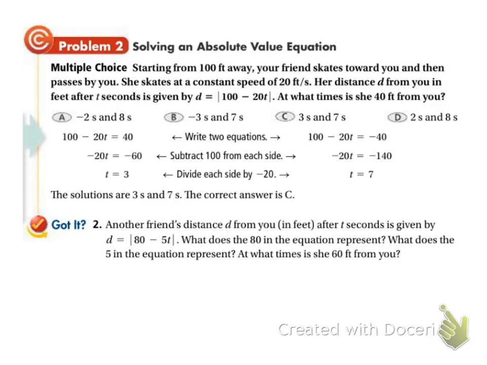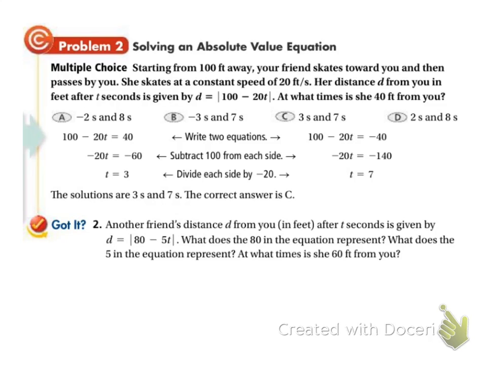Okay, so our got it problem is similar. It says another friend's distance d from you in feet after t seconds is given by this equation. D is equal to the absolute value of 80 minus 5t. So what does the 80 in the equation represent? Well, if we look back up to the top, the 80 is in the place where the 100 was. And in our top equation, the 100 feet was how far away they were starting.